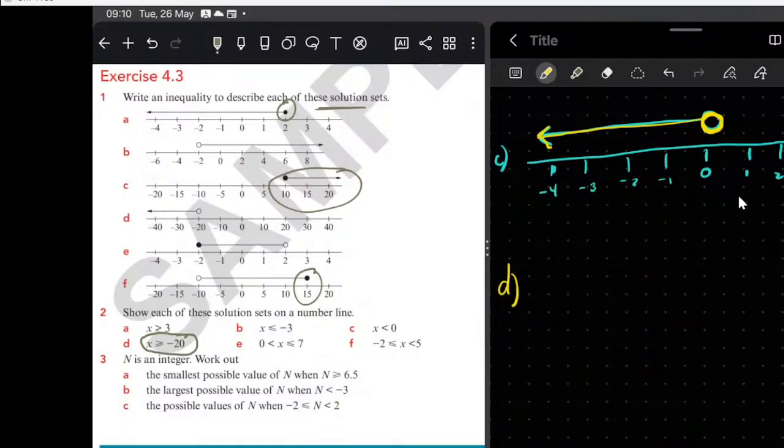To negative 20. So we put our number line. Where are we going to put our circle? What position is the circle going to go?